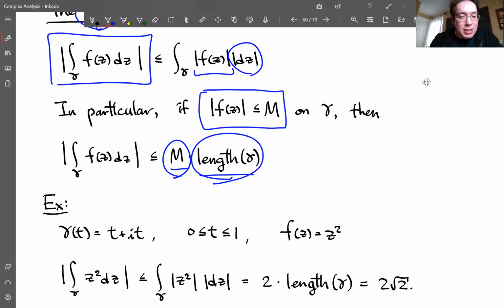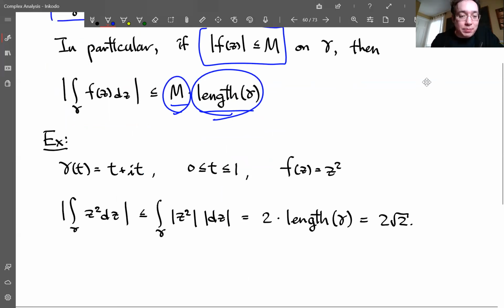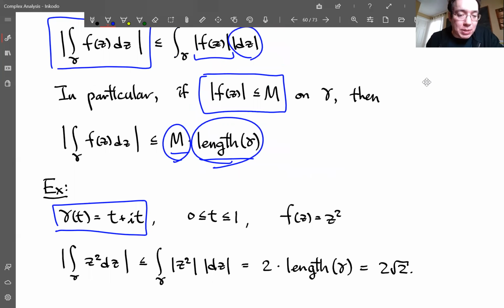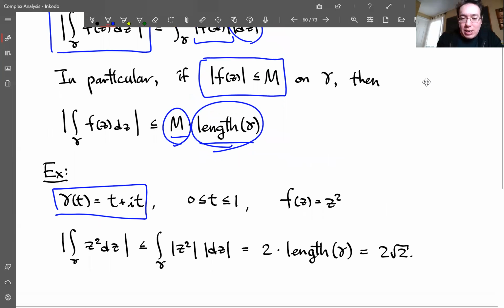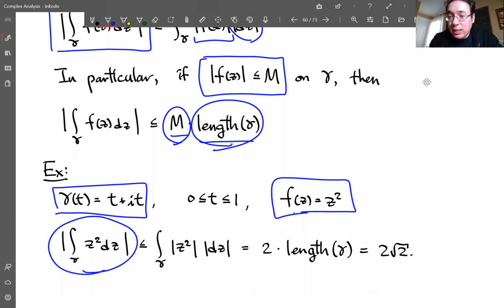Okay, let's look at how we might use something like this. So you have a curve gamma of t equals t plus it, and some function z squared. And we want to estimate how big this can be. Well, we can estimate it by first estimating the maximum value the inside can be.